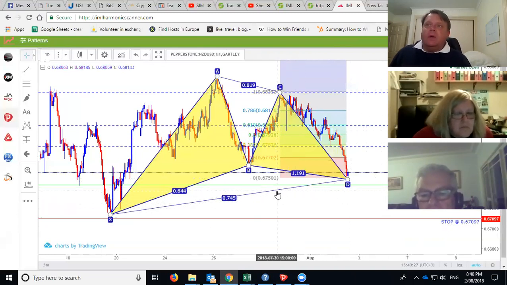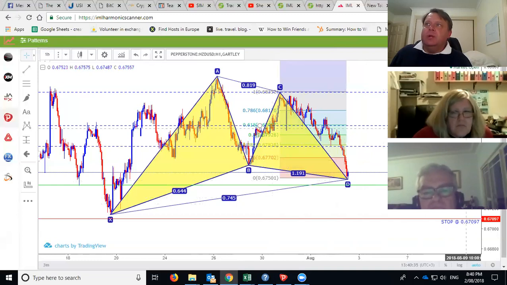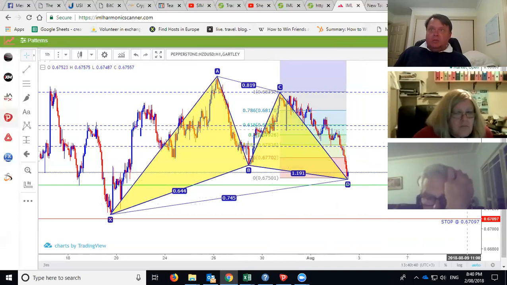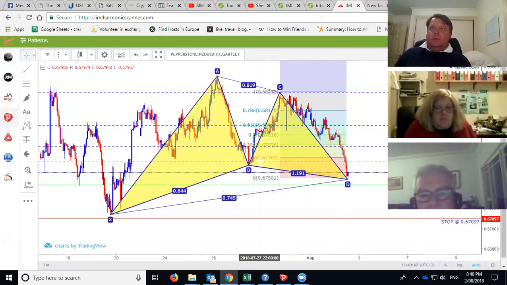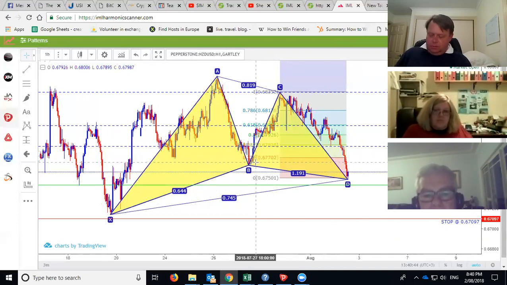So I'm going to write down, this is our entry point at 23. This is our stop loss, and I'm aiming for TP2 at this particular price, and I'll read it off this one. My entry is at 0.67702.